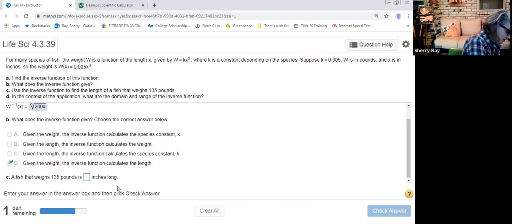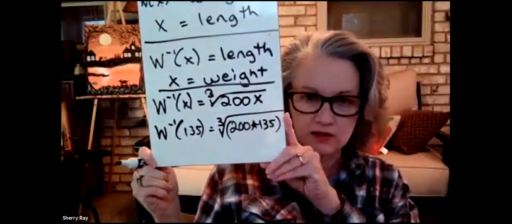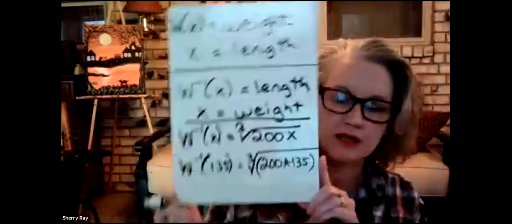You can't see what I'm doing, so I'm going to stop this, share. I'm going to take 200 times 135. This is what I'm going to put into my calculator right here. Okay, so I'm going to use my Desmos calculator because the 84 emulator doesn't work well with Zoom. Zoom's always problematic.